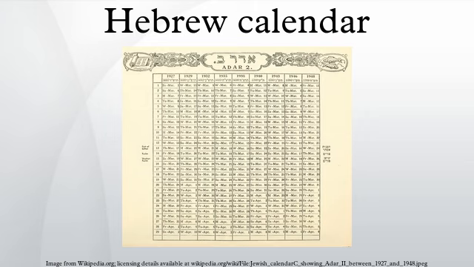A Metonic cycle equates to 235 lunar months in each 19-year cycle. This gives an average of 6939 days, 16 hours, and 595 parts for each cycle. But due to the Rosh Hashanah postponement rules, a cycle of 19 Jewish years can be either 6939, 6940, 6941, or 6942 days in duration.